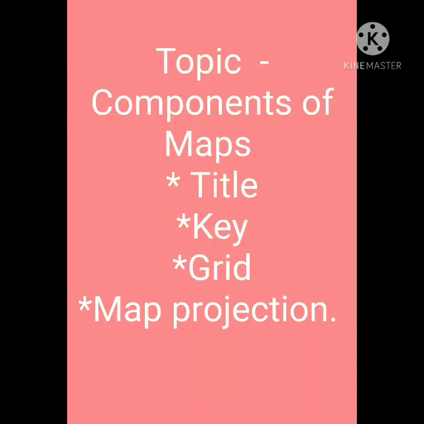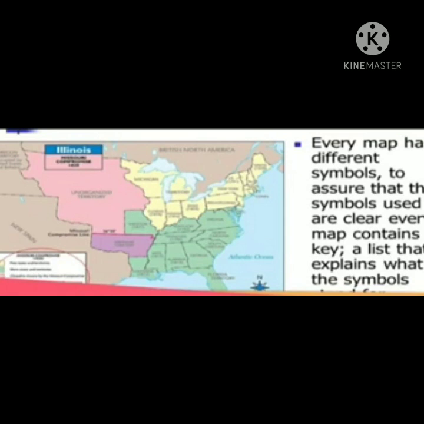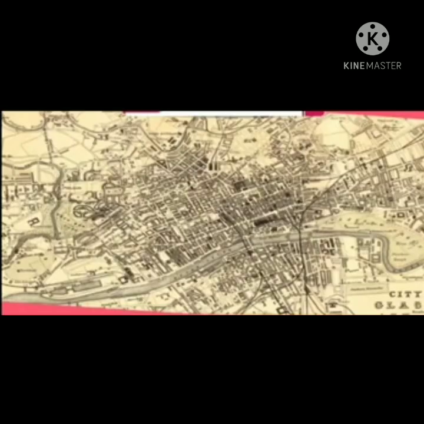Now we will study about some different components of maps. First is title, then key, then scale, then grid, then map projection. What do you understand by title? It introduces the theme of a map. For example, what title has been given to the map has to be decided in advance. Second is key. This is a list of symbols and what they stand for.